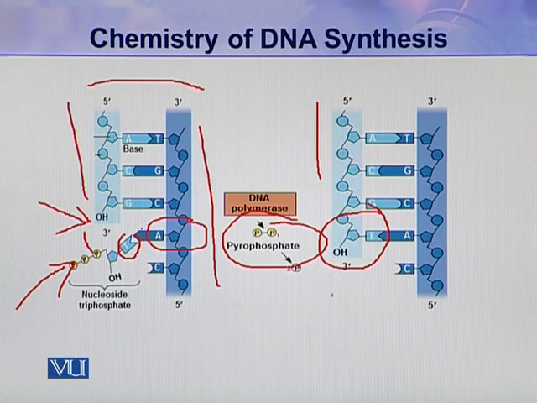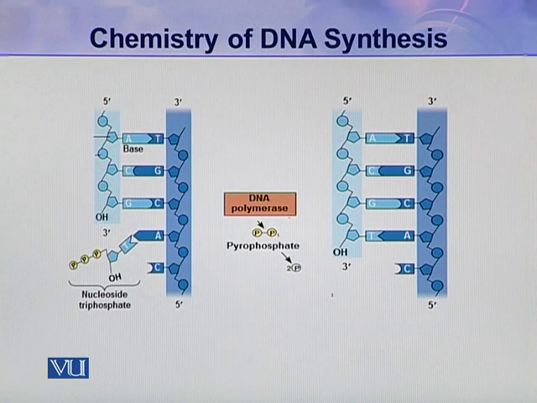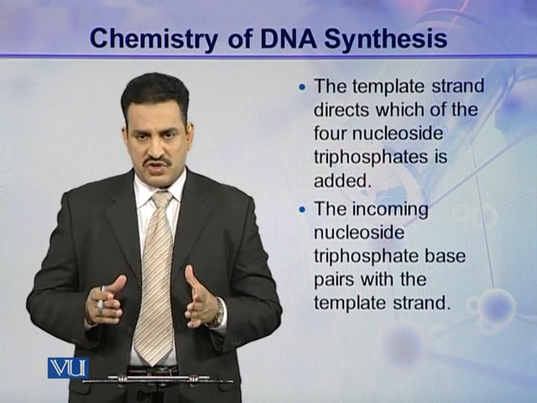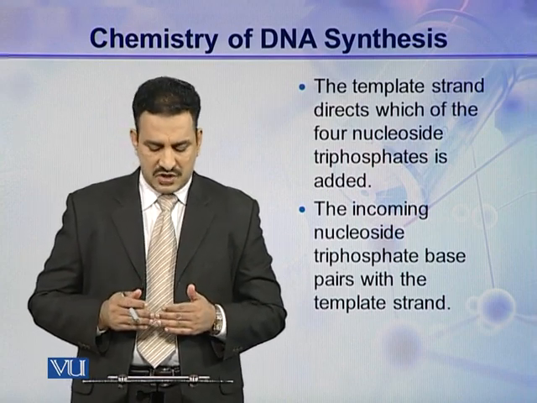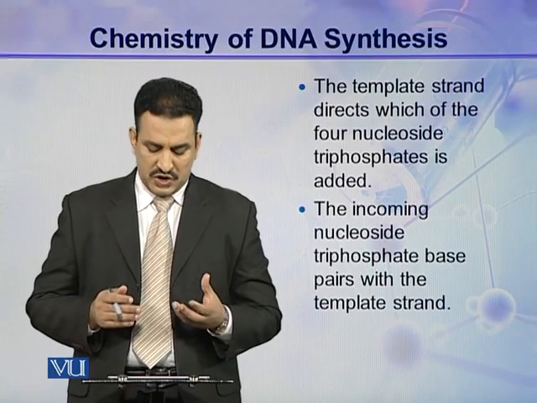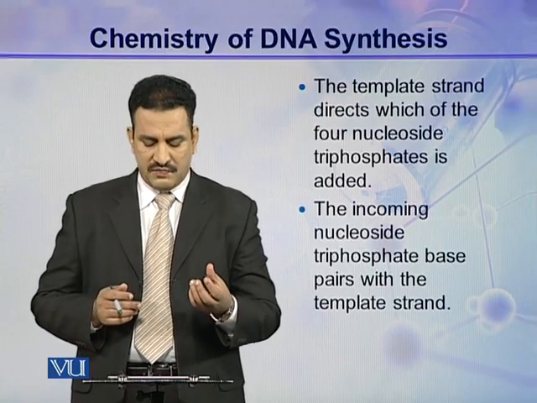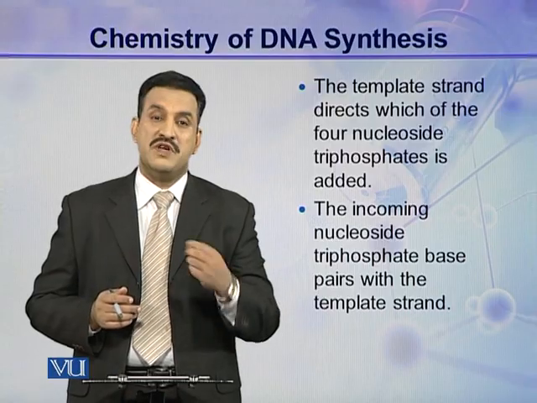Again, in the next step another nucleoside triphosphate will come, and again this hydroxyl will attack the alpha phosphate, and the same reaction will be repeated. In this way the primer chain grows and new DNA is synthesized. The template strand directs which of the 4 nucleoside triphosphates is to be added.